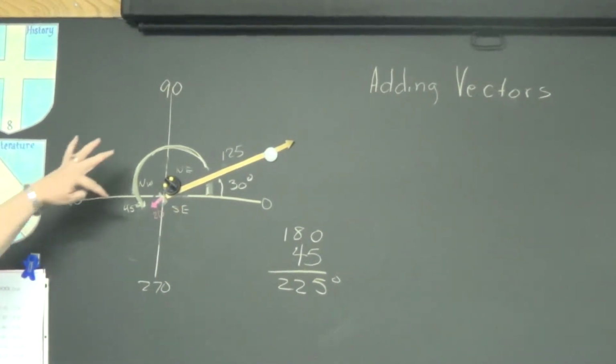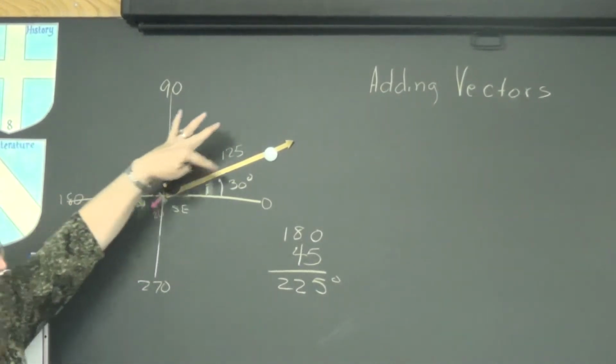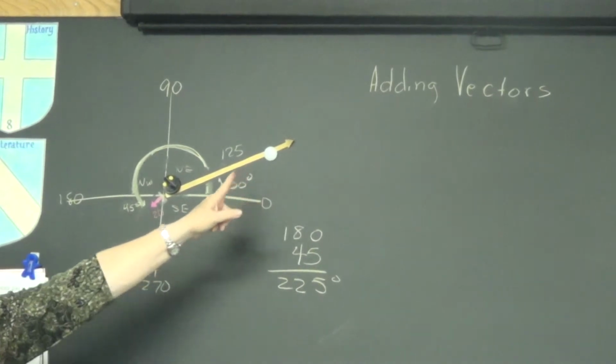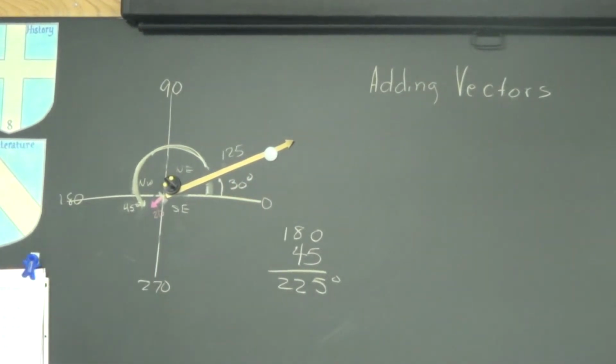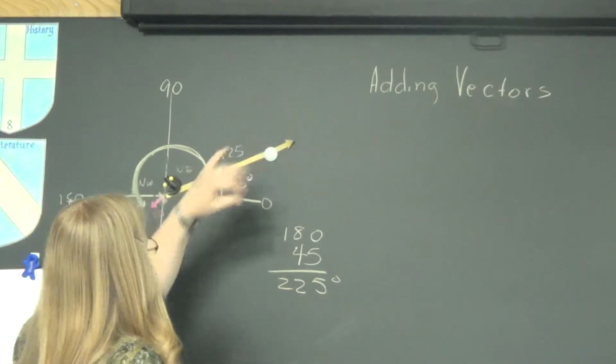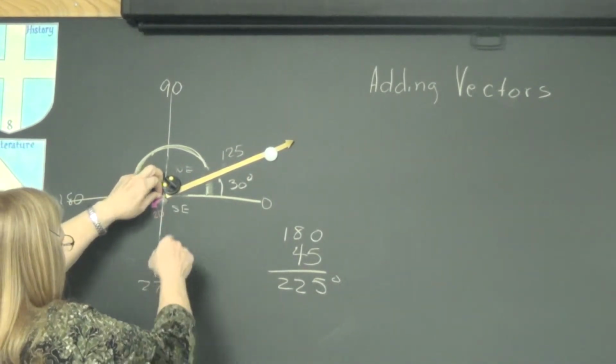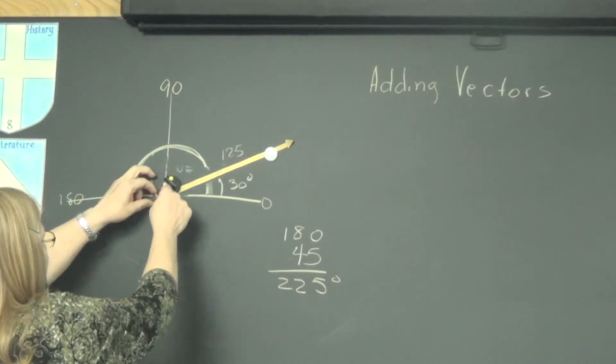So look, if it's relatively the right size, this should be little compared to this. 20, 125. Even mine might be still too long, I'm not sure. Now we get to add those visually. So I'm going to pick up this vector and move it so the tail of the pink is at the head of the golden. So you can do that on your paper.